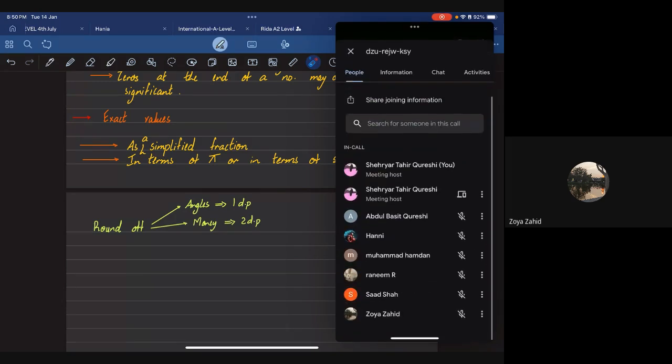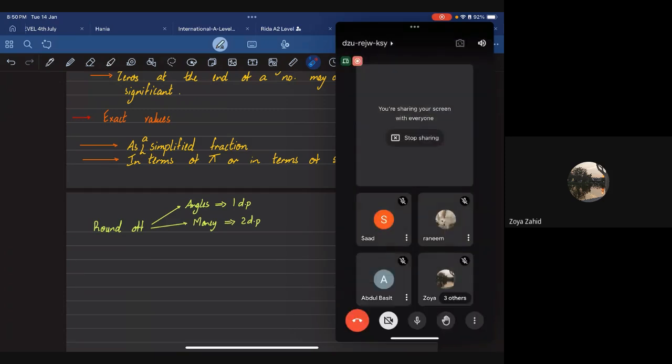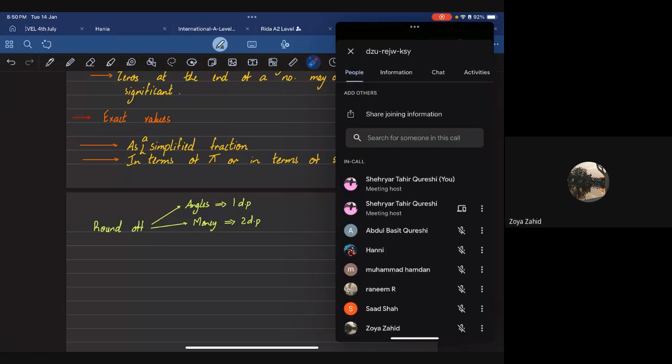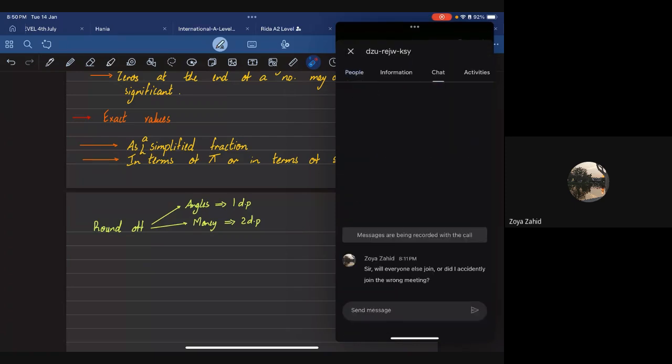Okay, Basit can't hear me. Yes, honey, what do you think is the difference between rounding off and estimation? Hello, honey, can you hear me? Can you guys not hear me?